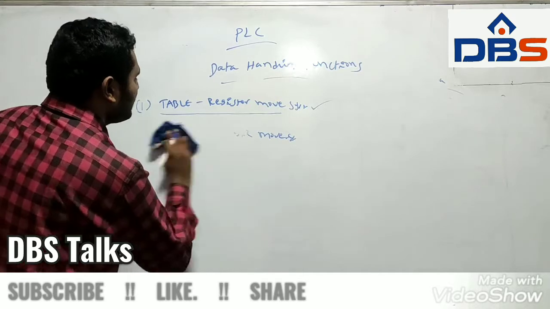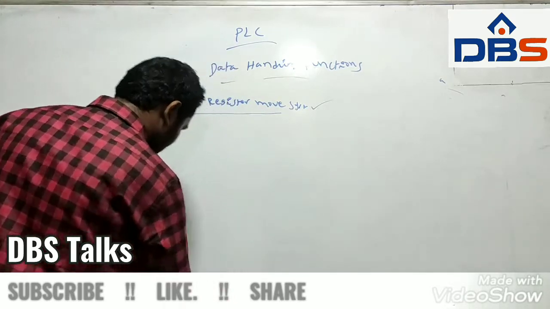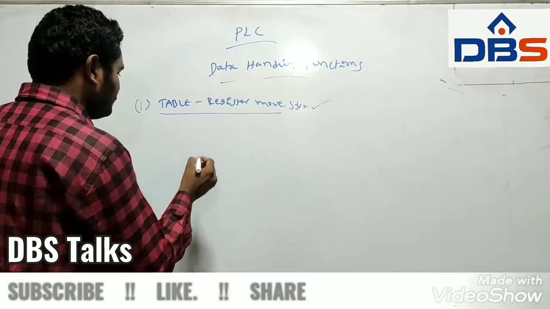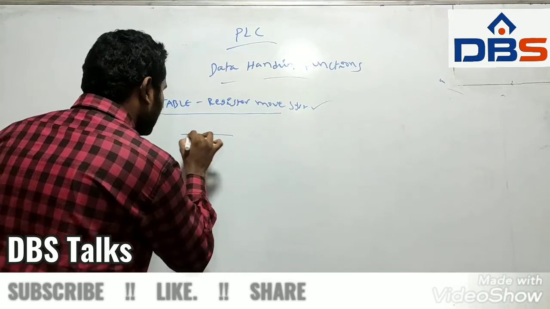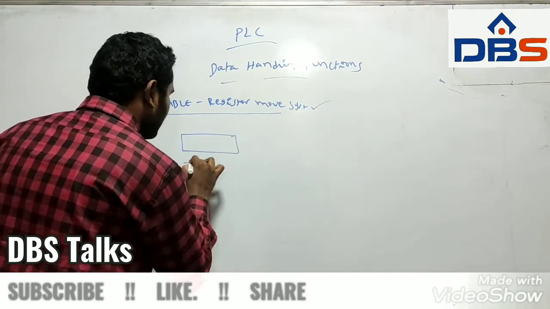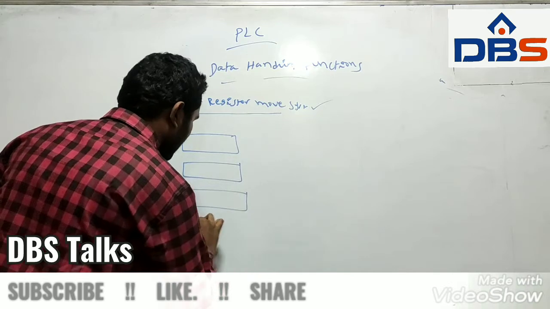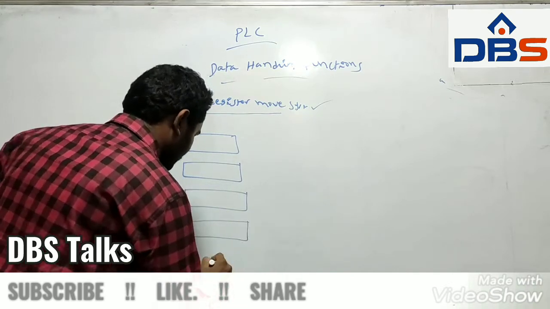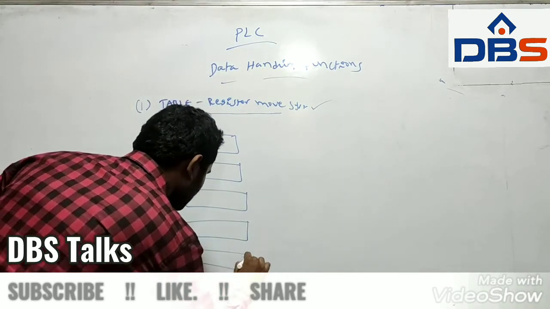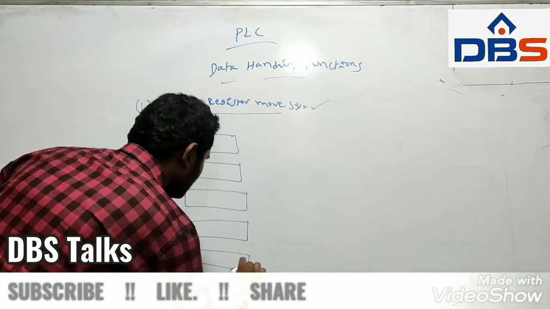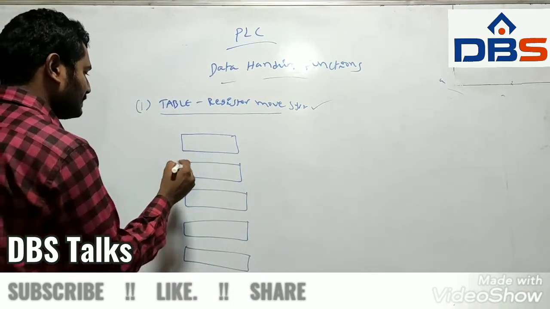First is the table to register move system. Here I am taking a large string of data. That means I am taking a number of registers as the source registers. The source registers are where we give the data.